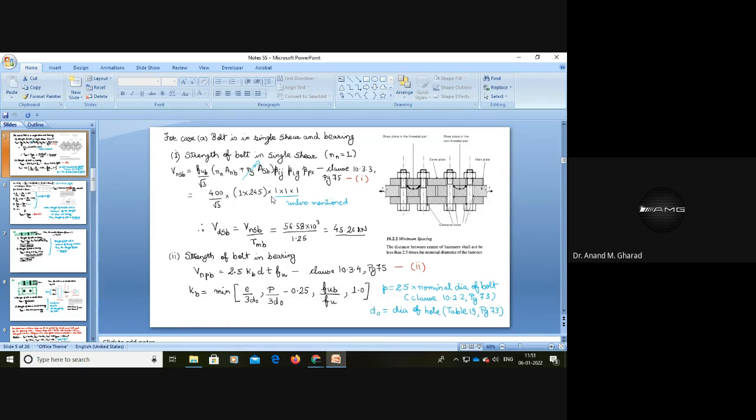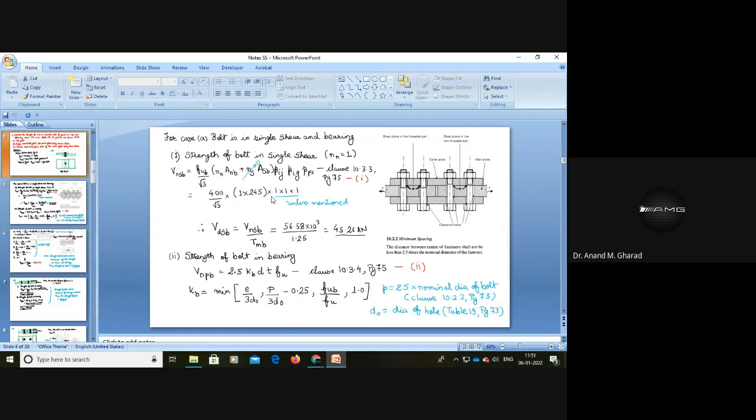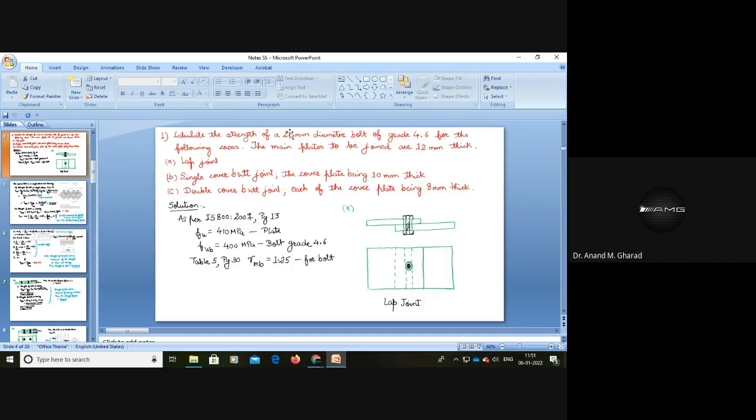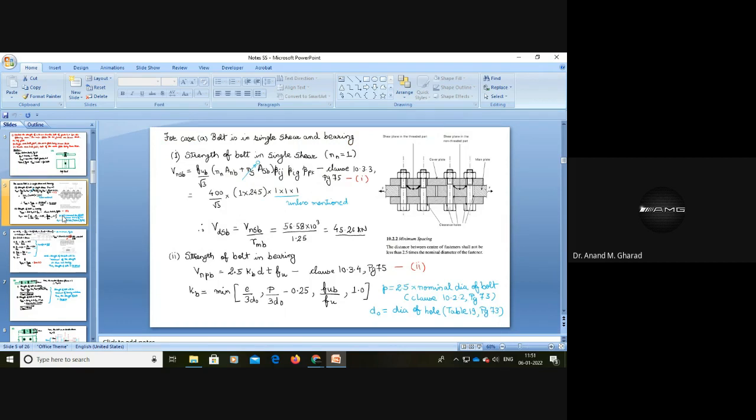what is the value of pi d square by 4? Can you please calculate the area of the bolt? What is the diameter of the bolt given? 20 mm. So can you please let me know what is the value of pi d square by 4? D is the diameter of the bolt.